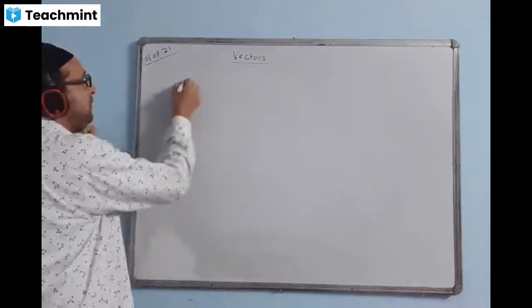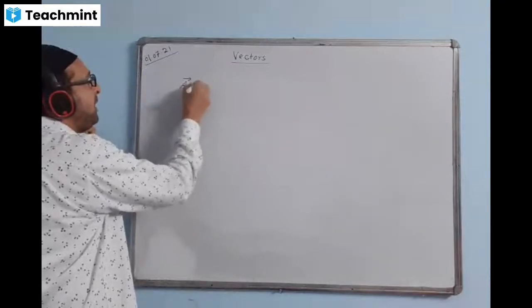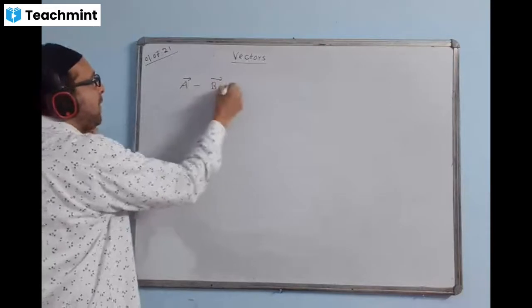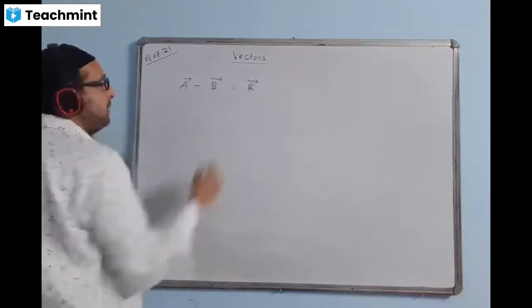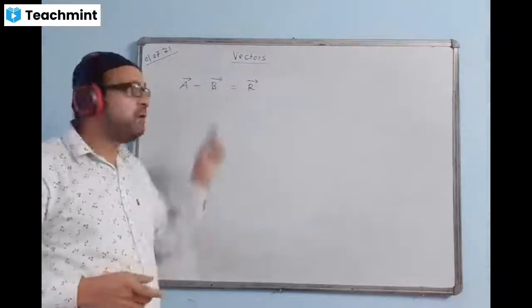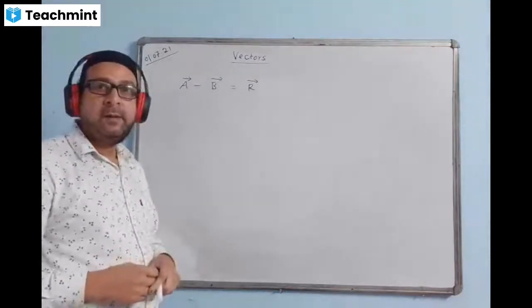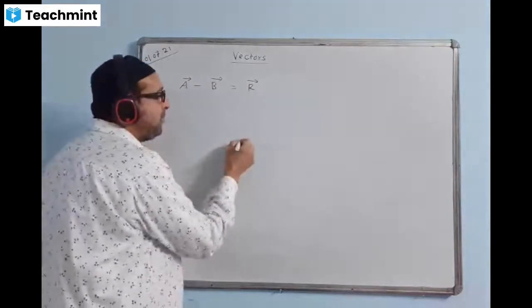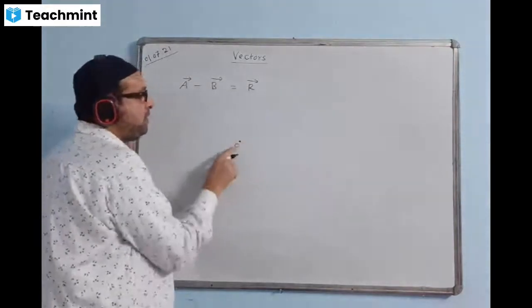Now, suppose we are doing subtraction of vector like this, A minus B. Resultant of subtraction is, suppose, R, resultant vector R. How do we draw the diagram for this? We can make a triangle or you can make a parallelogram. Let us make a triangle. Start from the origin.